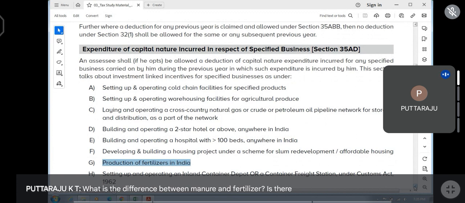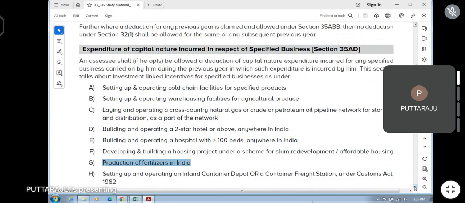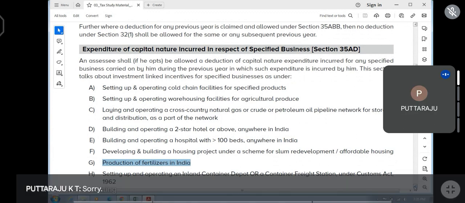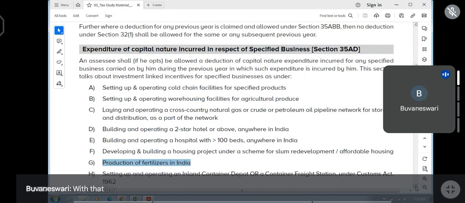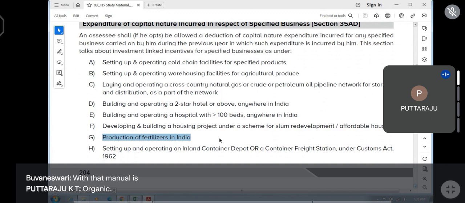Is there any difference? Fertilizer is chemical. Manure is organic. Manure is not covered. Fertilizer is covered.